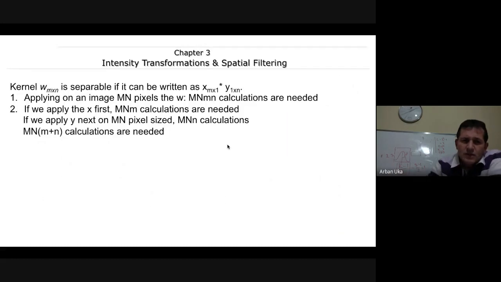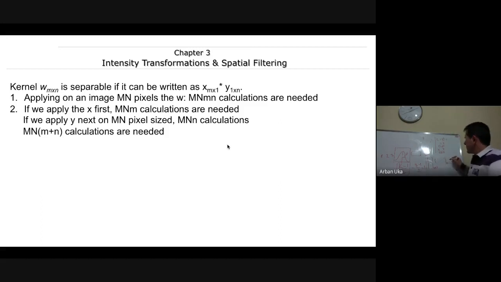Okay, so now we have an important aspect, where specific filters can be decomposed into the product of two vectors. Imagine for a moment, going back to linear algebra, that we have a vector which is 3 by 1, and we do the product of this vector with another vector which is 1 by 3.